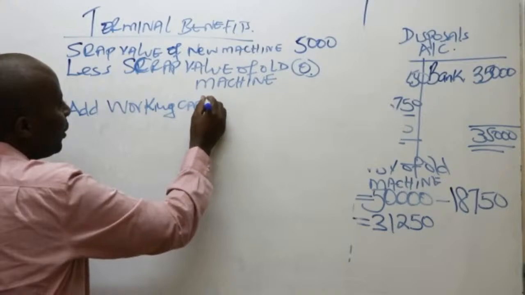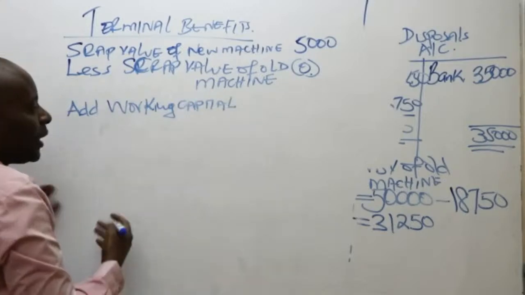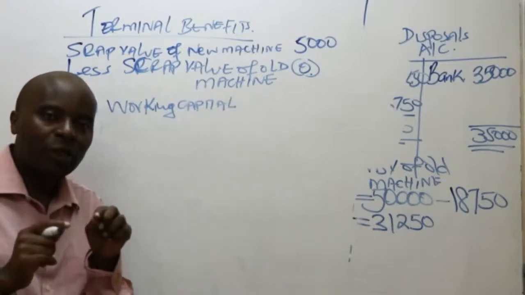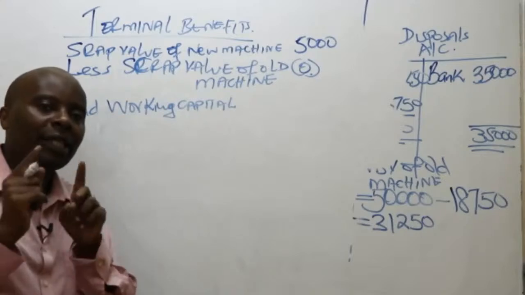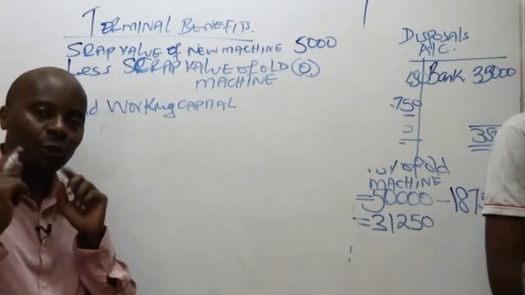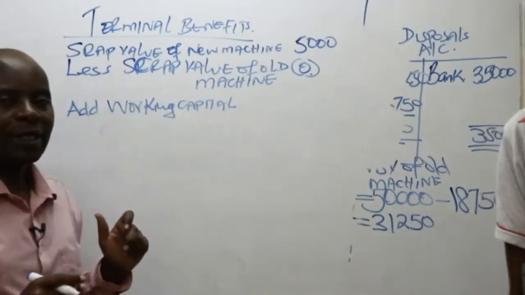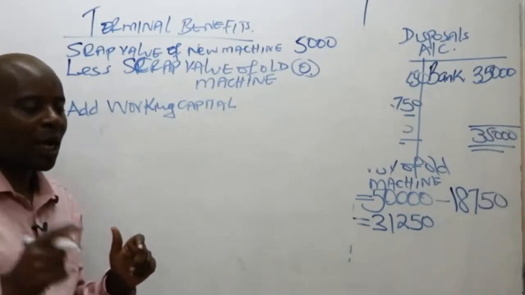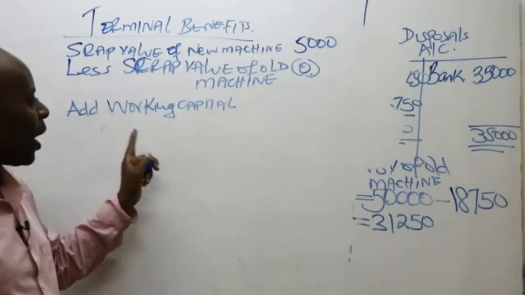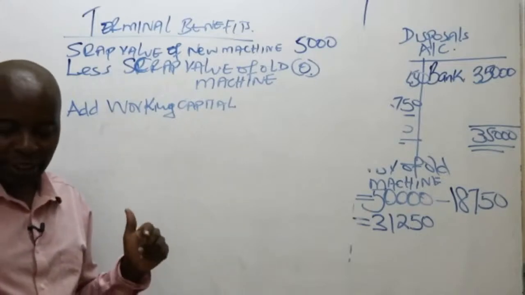Working capital normally is added to the initial outlay and at the same time added to terminal benefits. These are benefits that will have to come. So add the working capital of what here?